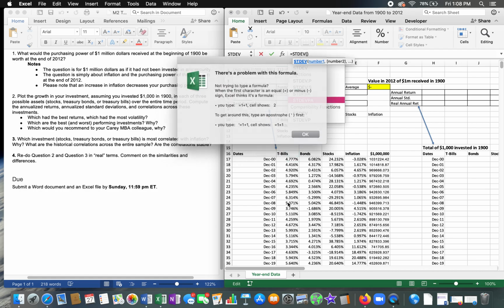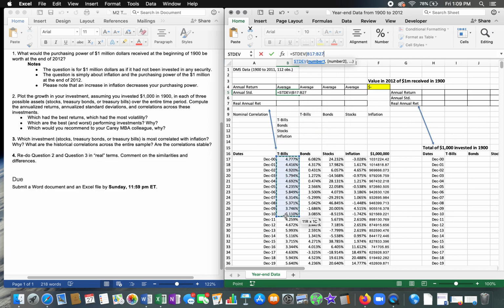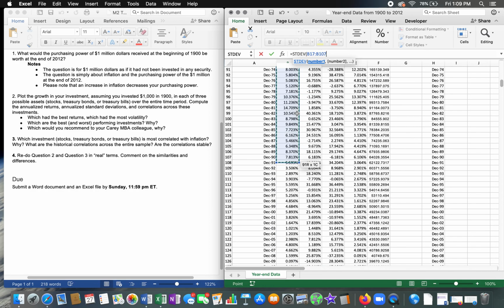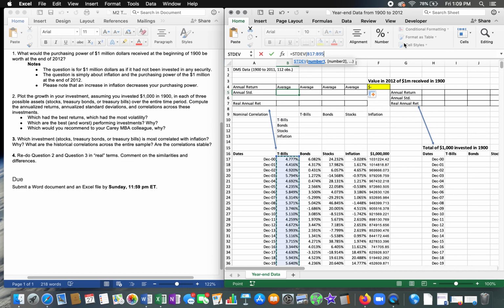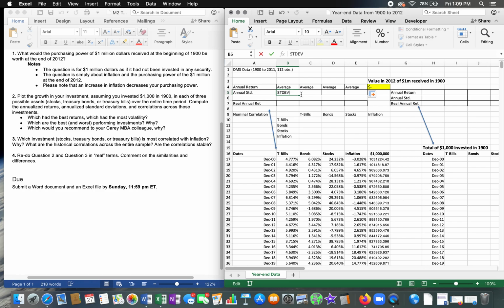And then you're going to do the same thing, highlight all of this, so keep going. All right, so I'm not going to do that for you guys here, but that's the function you will use. And again, you're going to do that for T-bills, bonds, stocks, and inflation.